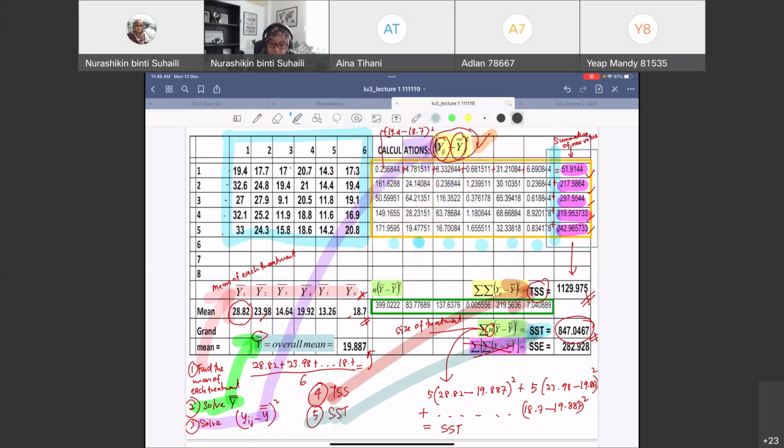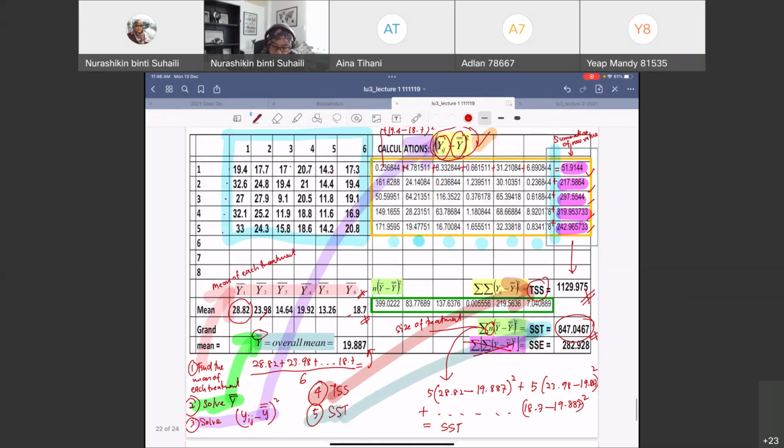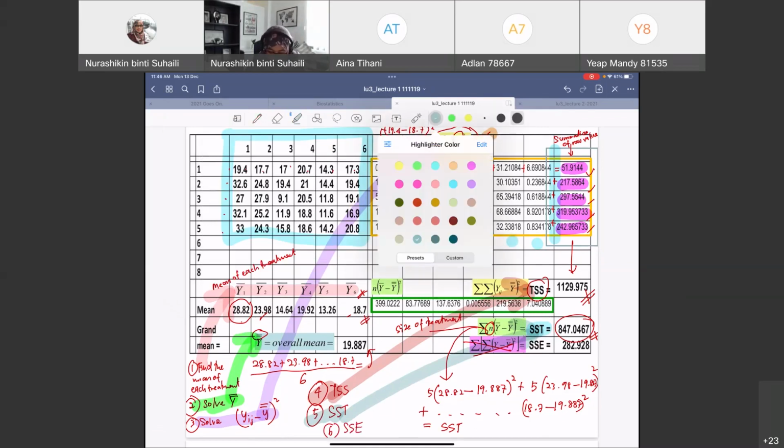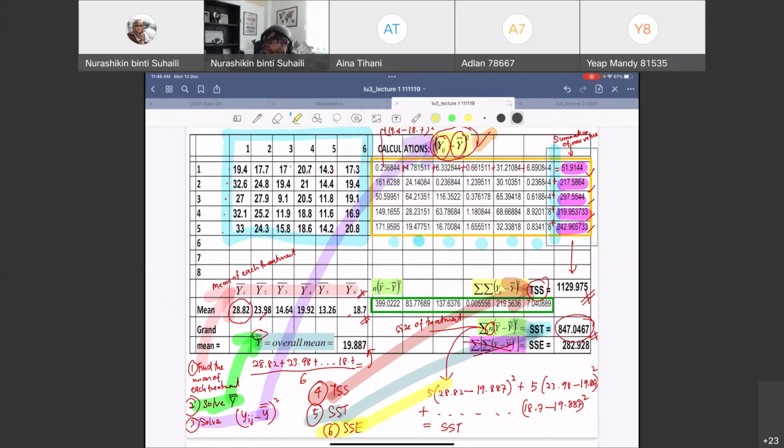Once you got the SST, you can solve for SSE. This one. Yeah? Okay. So it looks complicated, but if you know which one first, then you have to practice. This one needs practice. Okay. So those are the things that you need to find out from this part.